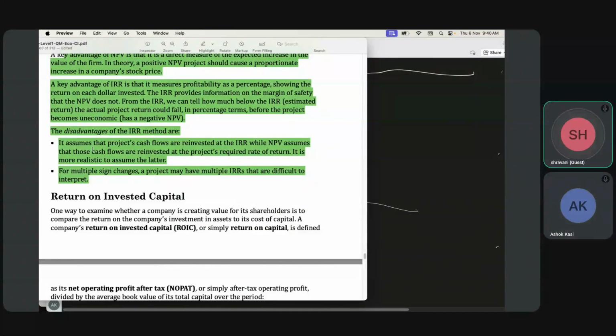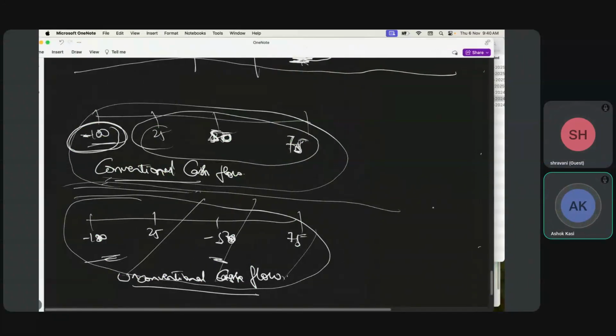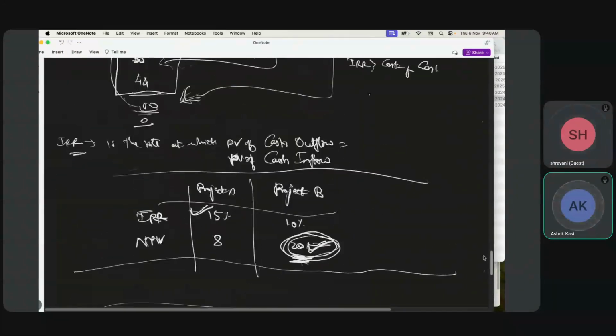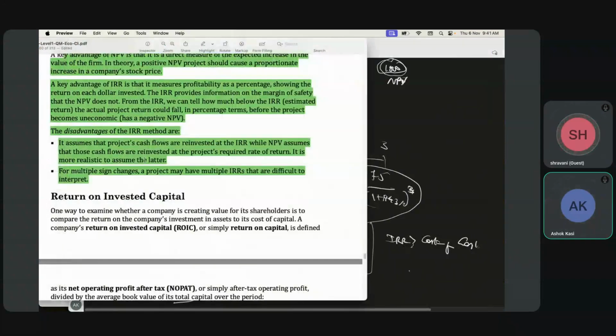The disadvantages of IRR. It assumes that it is reinvested. That means now when we got 19%, it is as if we are reinvesting at 19%. Practically, it is not possible to reinvest at 19%. So that is the disadvantage.